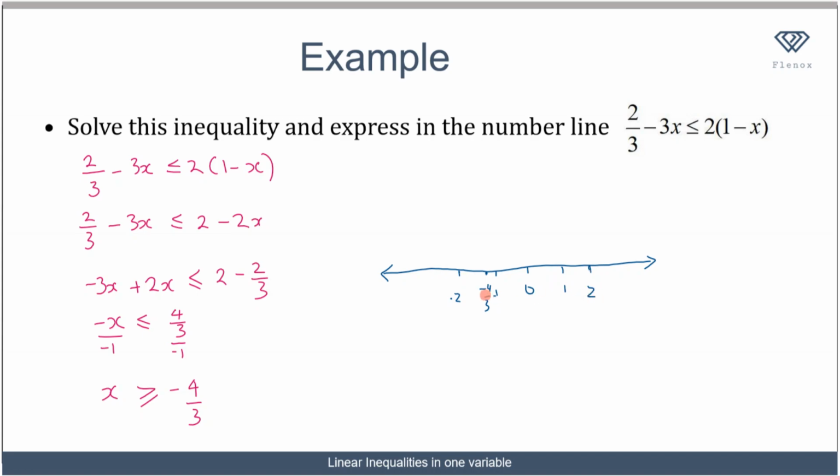So now we're told that the value of x is greater than or equals to -4/3. So from that -4/3 point, we draw a straight line up, and what do we do? We shade the circle because we have greater than or equals to, and we move it towards the right direction. So we have our x value is greater than or equals to -4/3.